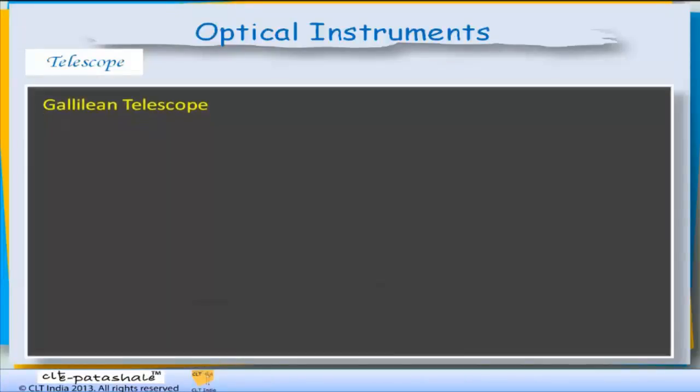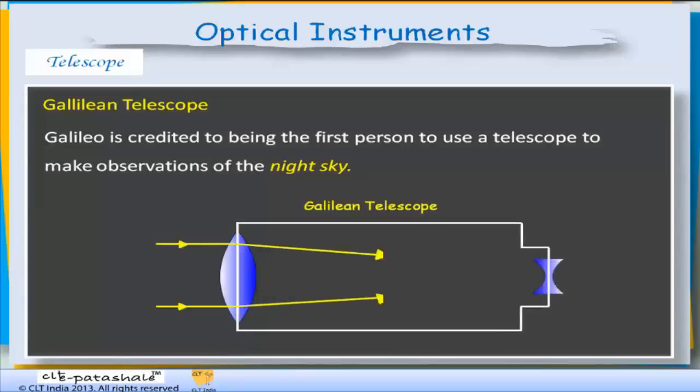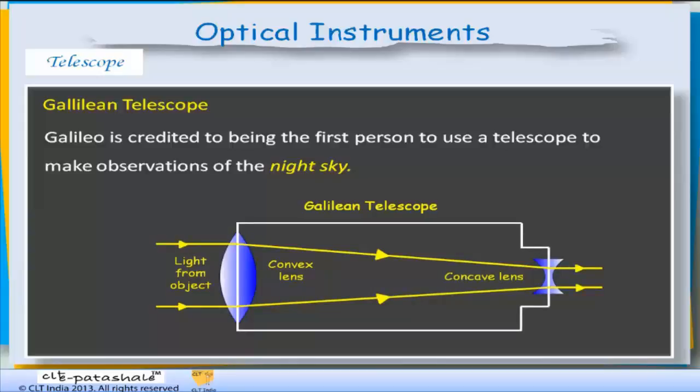Let's study about Galilean telescope. Galileo is credited with being the first person to use a telescope to make observations of the night sky.